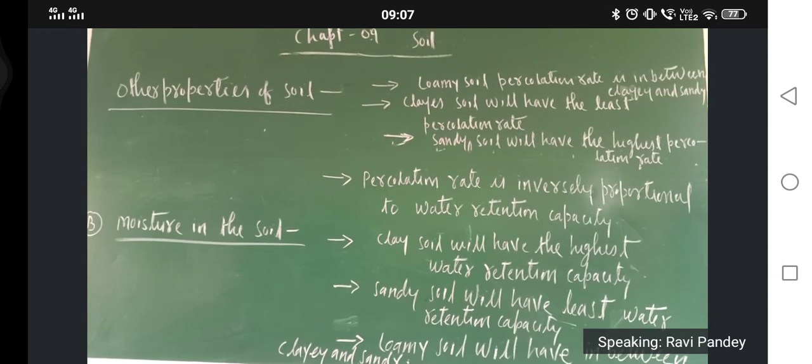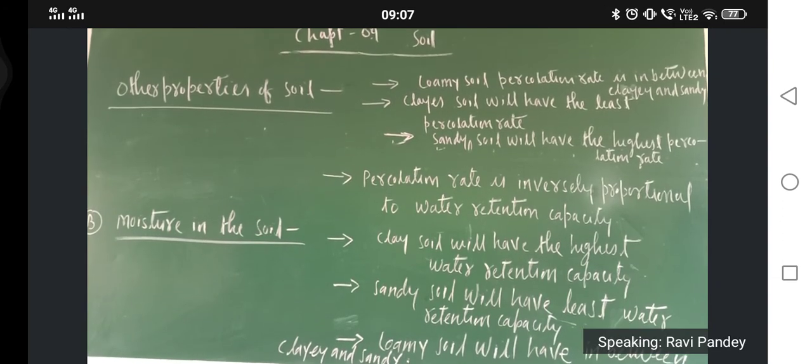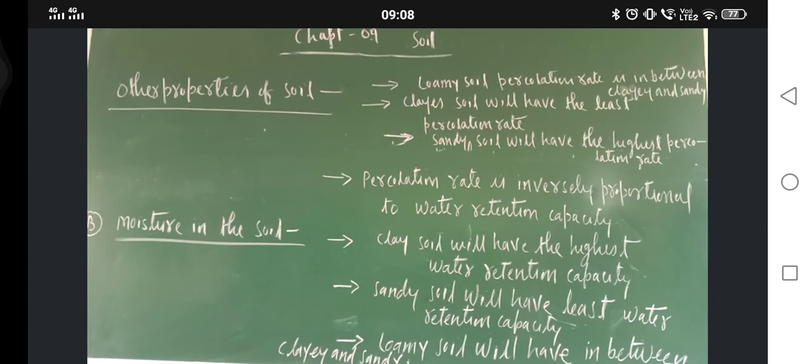Always remember one thing. Percolation rate is nothing but the rate at which water passes down through soil. How easily water passes down? If water passes down through soil very easily, percolation rate is very high. If water passes down very slowly, then percolation rate is least.